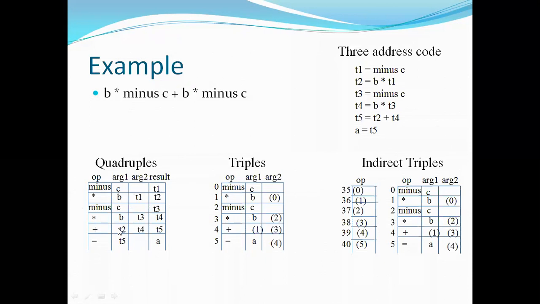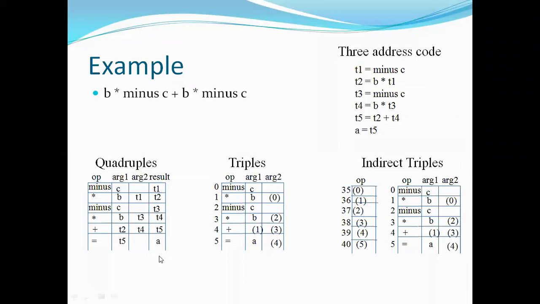And T2 and T4, plus T2, T4. T2 is stored with statement number 1 and T4 is stored with statement number 3. So 1 and 3, right? I am only avoiding the temporary variables, not the variables. So for is equal to, instead of T5, T5 is in argument 2 and A becomes argument 1 because A is a variable.